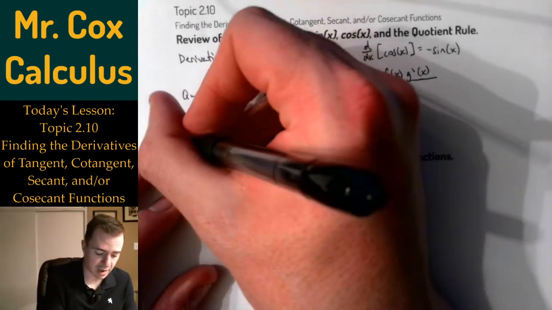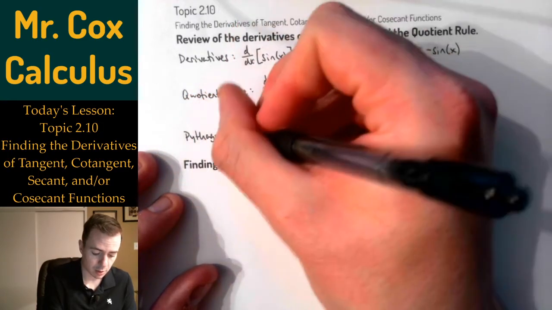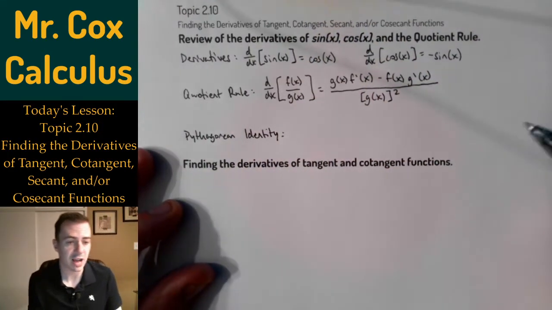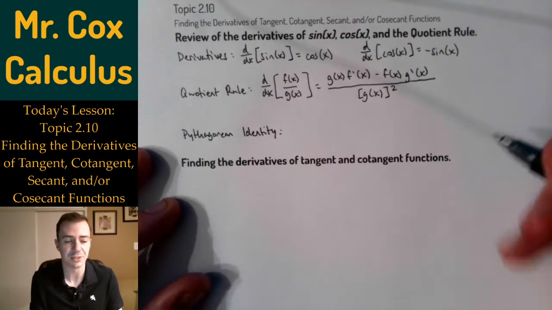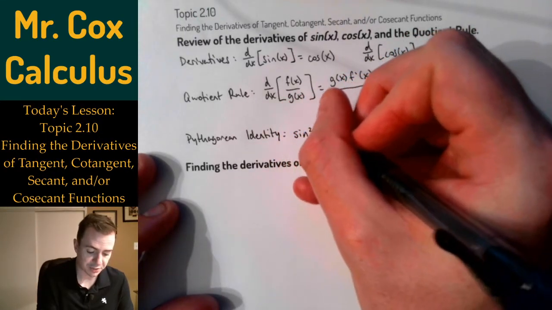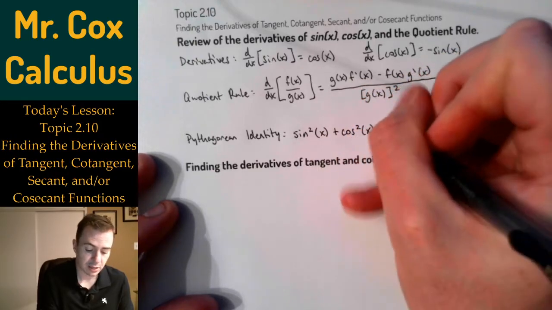One other trig identity, called the Pythagorean identity, is going to be used to help simplify, in particular, tangent and cotangent's derivative. You'll recall from pre-calculus that sine squared of x plus cosine squared of x is equal to 1.